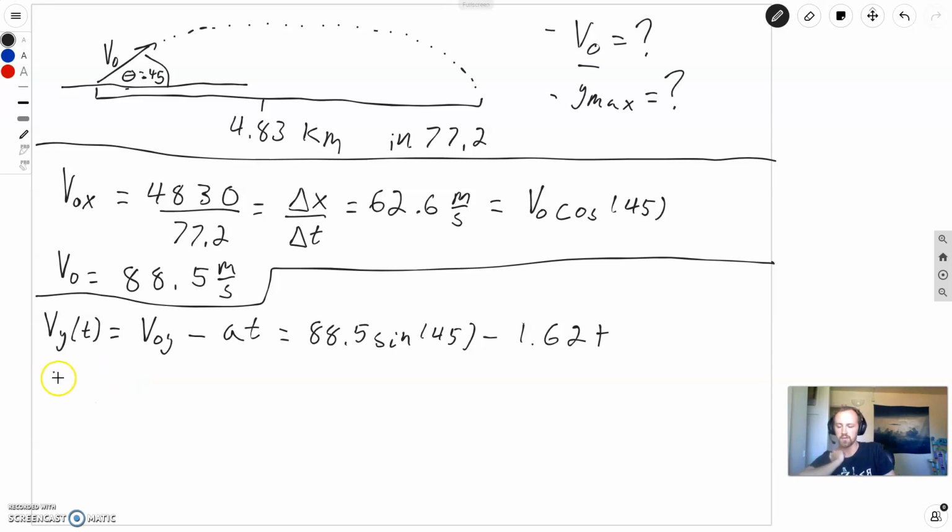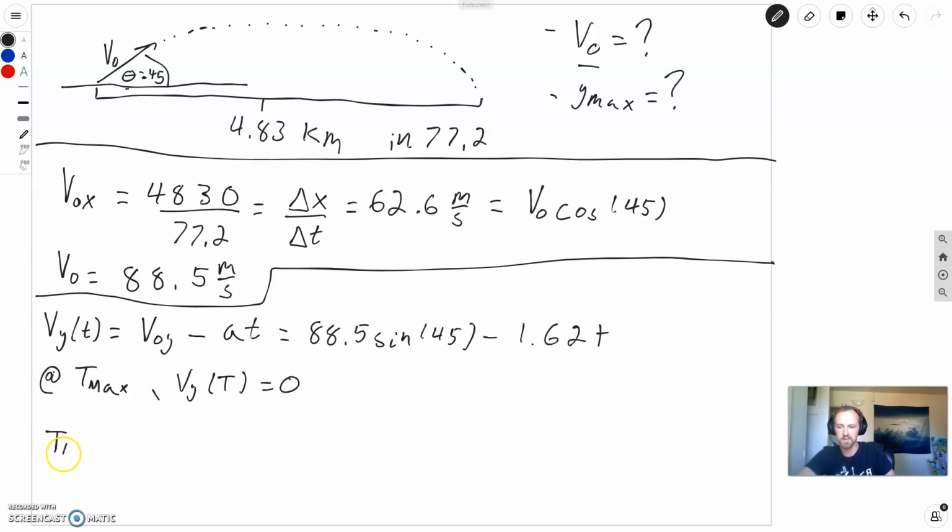But I know that at t max, which is when the ball reaches its max height, vy of t equals 0. Right? The ball has reached its max height and it's starting to turn around. So for a brief moment there, the velocity in the y direction is 0.